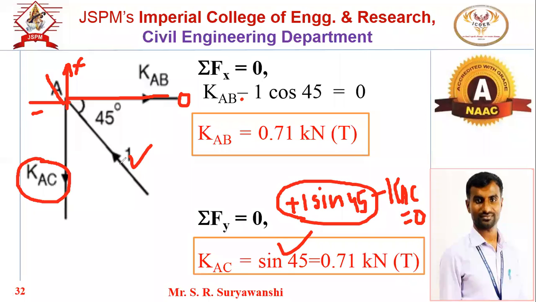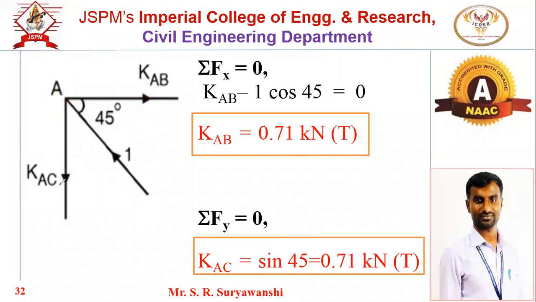The answer is positive means our assumption is correct about KAC also. KAC is also tensile, away from the joint. Means KAB and KAC are tensile member forces with magnitude 0.71 kilonewton. Okay, so these are the calculations for joint A.